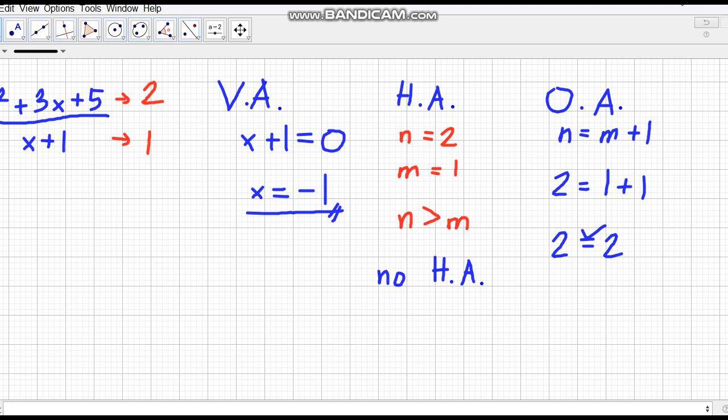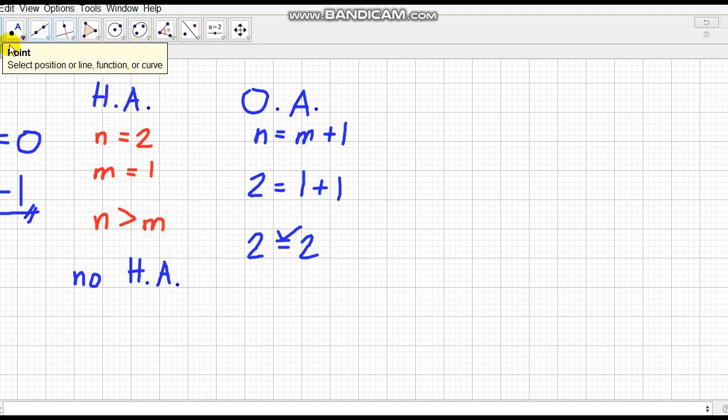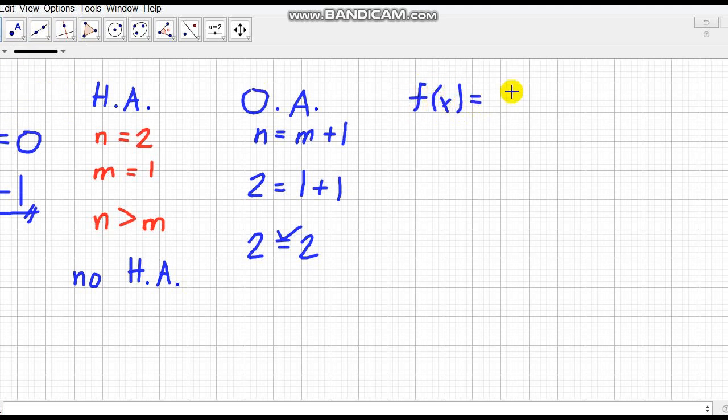So, how are we going to solve for that? We're going to get the numerator and divide it with the denominator. Let's write the function here again. f of x is equal to x squared plus 3x plus 5 all over x plus 1.